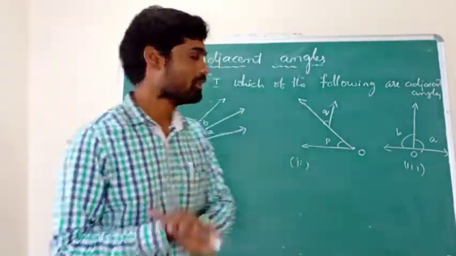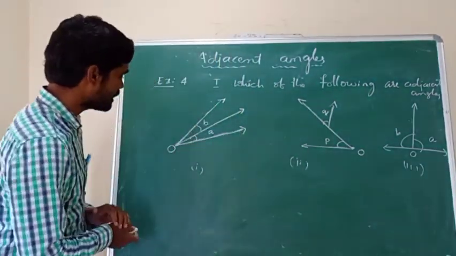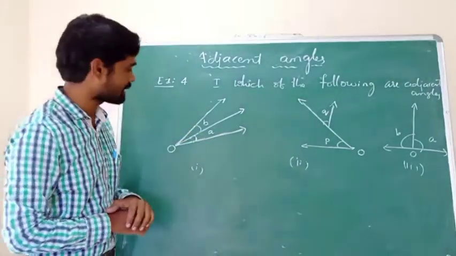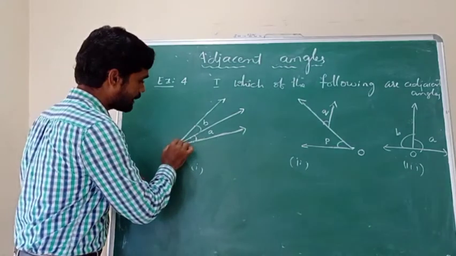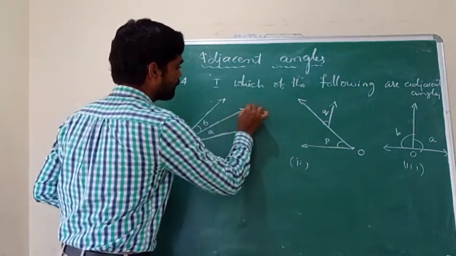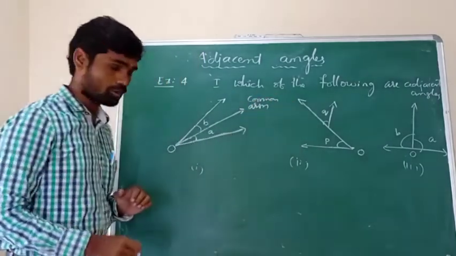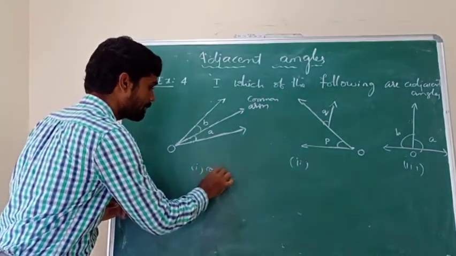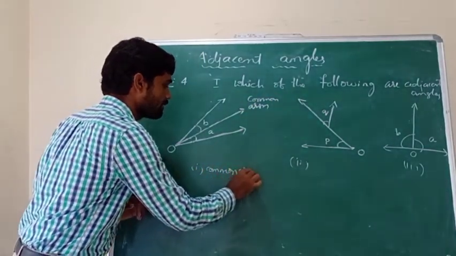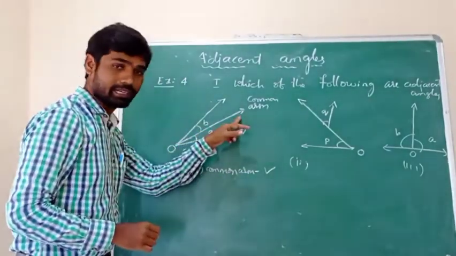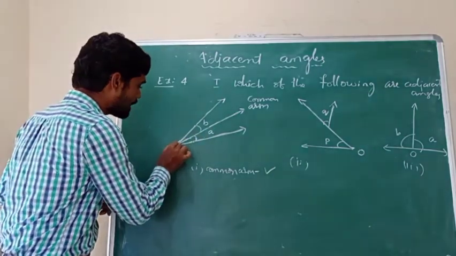See the first one. We can see angle A and angle B. Two angles are there, and for these angles we can see the common arm. So yes, a common arm is there for both the angles. And next, the vertex.